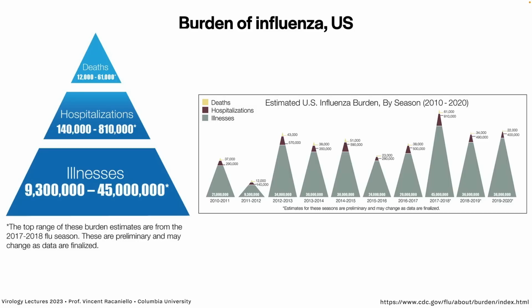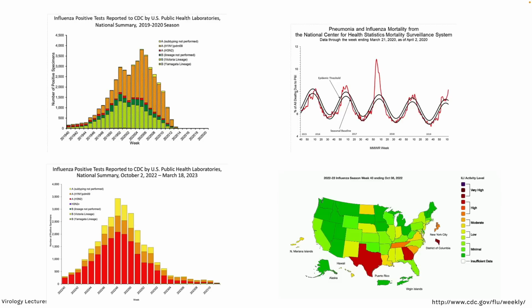So I want on the left the 2 graphs on the left. That on the top is 2019-2020 season, right, just before the pandemic. And then on the bottom is 2022-23. And again, these are the different subtypes of influenza by week. And I just wanted to show you that on the top, what is prevailing, I can't see it because it's out of focus.